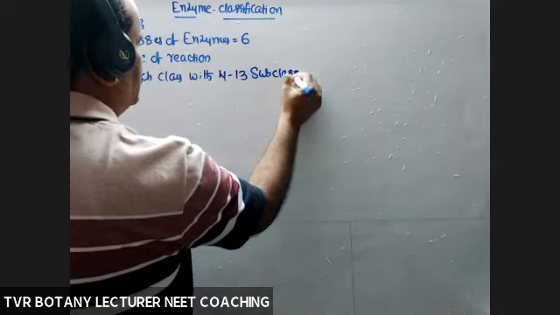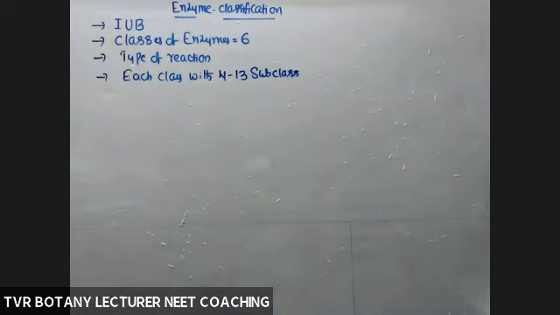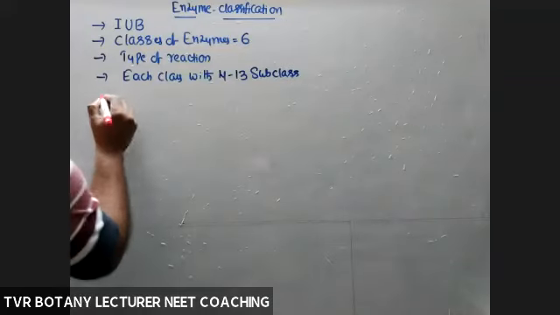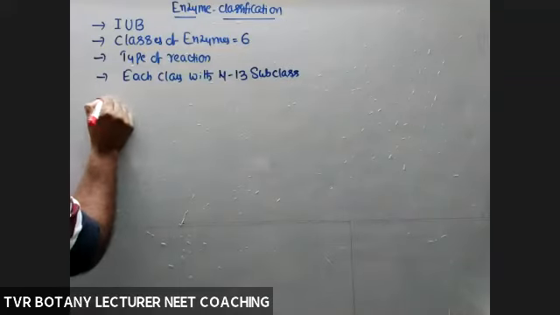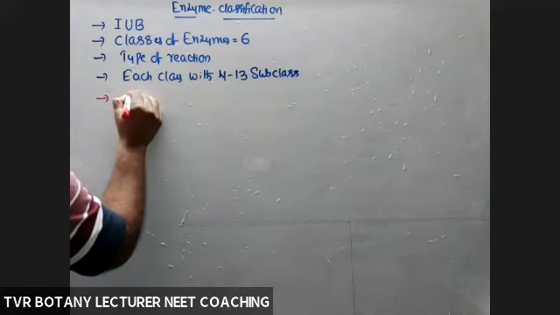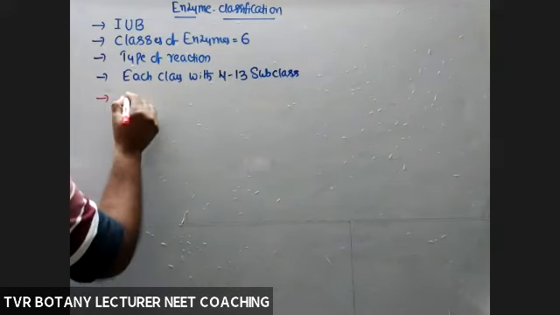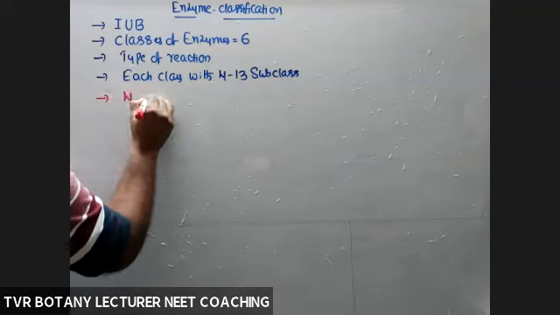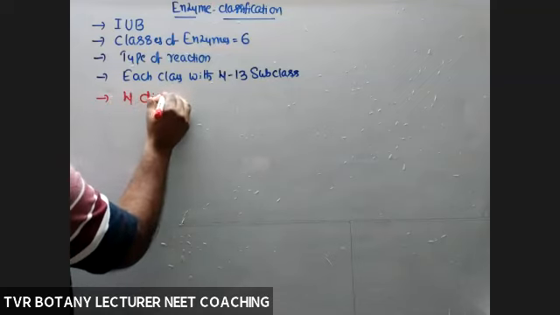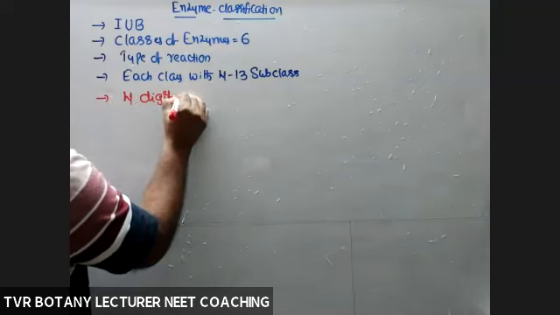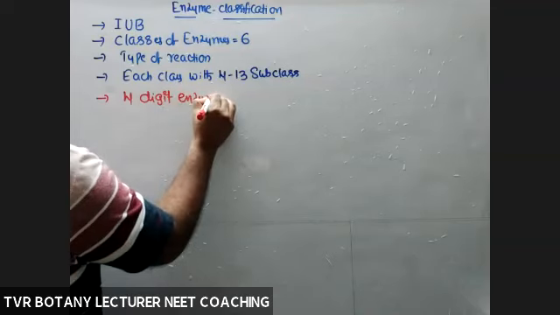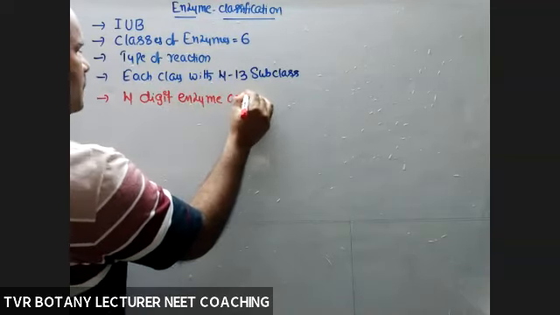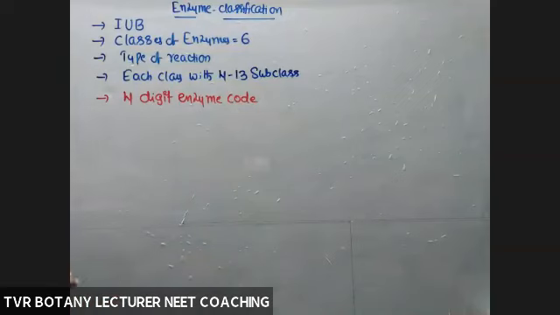And according to this IUB system of classification, each enzyme has a 4-digit enzyme code. On the basis of that, we can identify the enzyme.